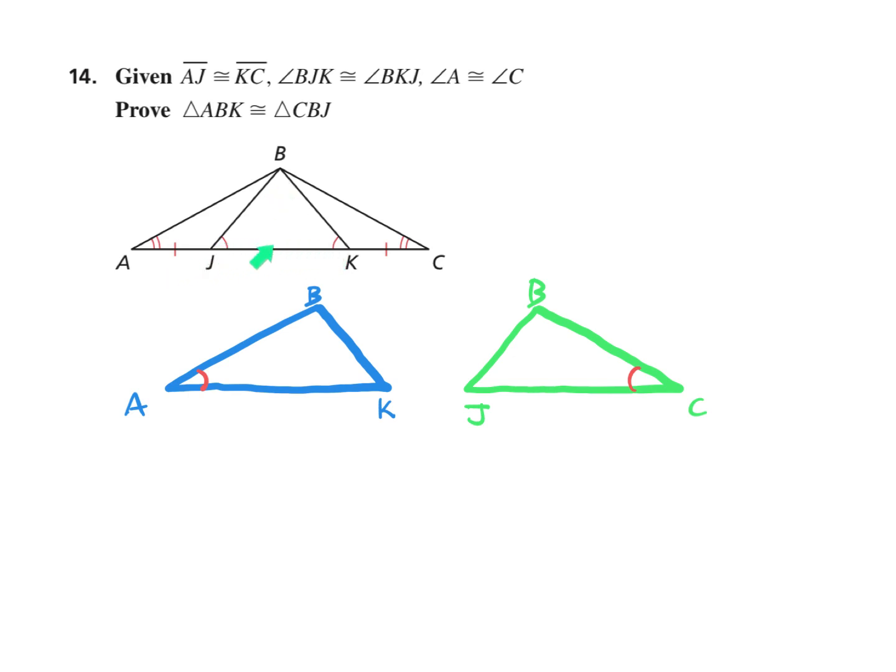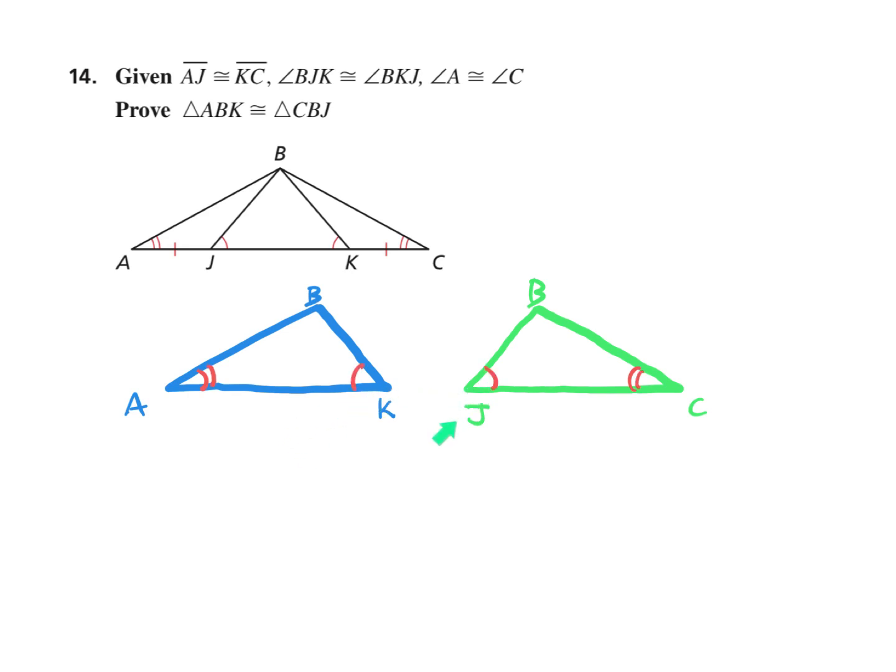So these single marks, it looks like they're congruent angles in this inner triangle, but really this angle is the bottom right angle of this triangle, and this arc is the angle that's in the bottom left of this triangle. So let's go ahead and mark those.